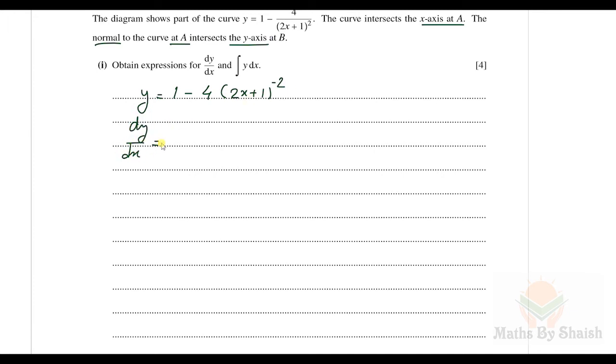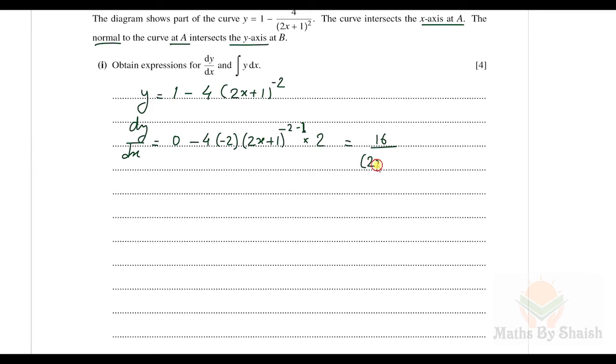The power will come in the multiplication and then it will be reduced by 1, that is minus 2 minus 1, and we are going to use the chain rule because it's not a single x. So the differentiation of 2x plus 1 is 2. So directly we can write it as minus minus plus 4 times 2 is 8, times 2, which is 16, divided by, because this becomes minus 3, so in the numerator it will become (2x plus 1) to the power 3. So that is the dy over dx.